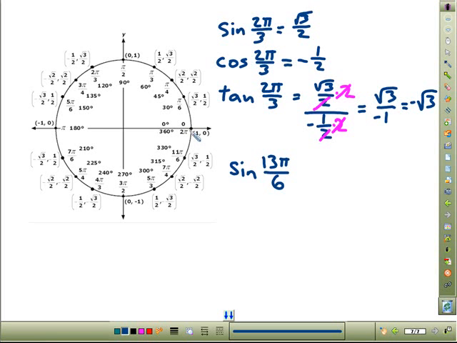How do you determine where 13 pi over 6 is? Well, look, divide 6 into 13. That quotient tells you how many half turns you go around the circle, right? So look, 6 will go into 13 twice. So you go 1 and 2. Now that would be 12 pi over 6, right? 2 pi. Well, what's the remainder? 1. So you go 1/6 of the way around, and that would be right there. Right?